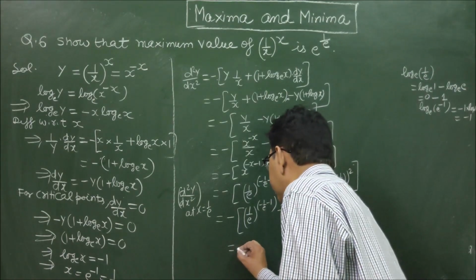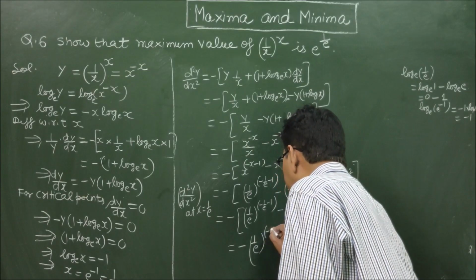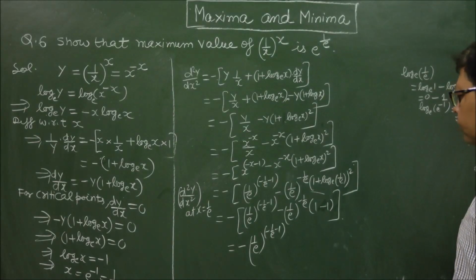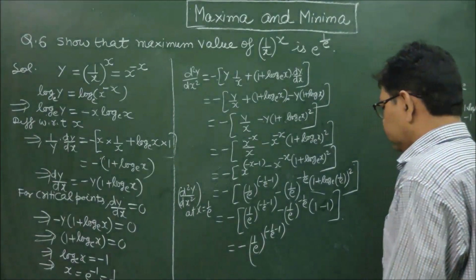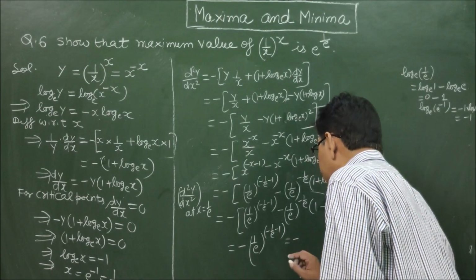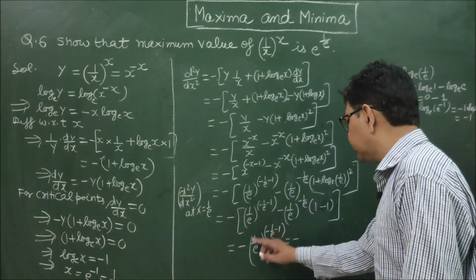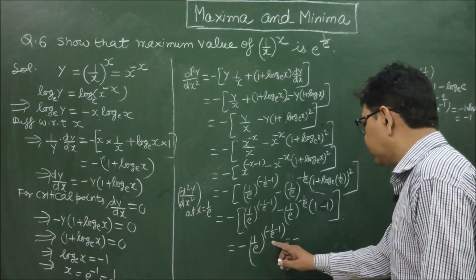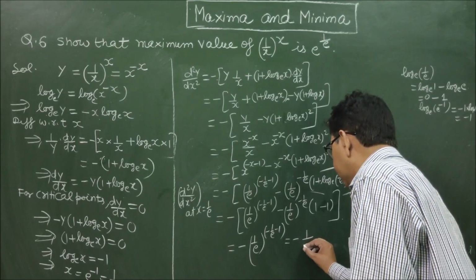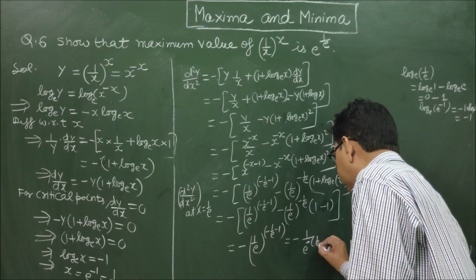So we are left with minus (1 upon e) whole raised to the power minus 1 upon e minus 1, which is equal to minus, sign is already there, and this quantity will be positive. Take the minus sign common, 1 upon e plus 1.